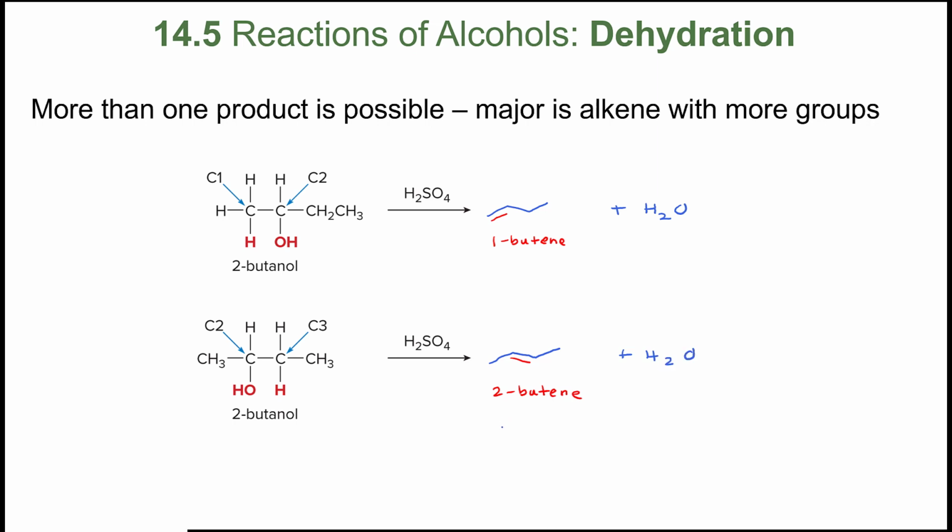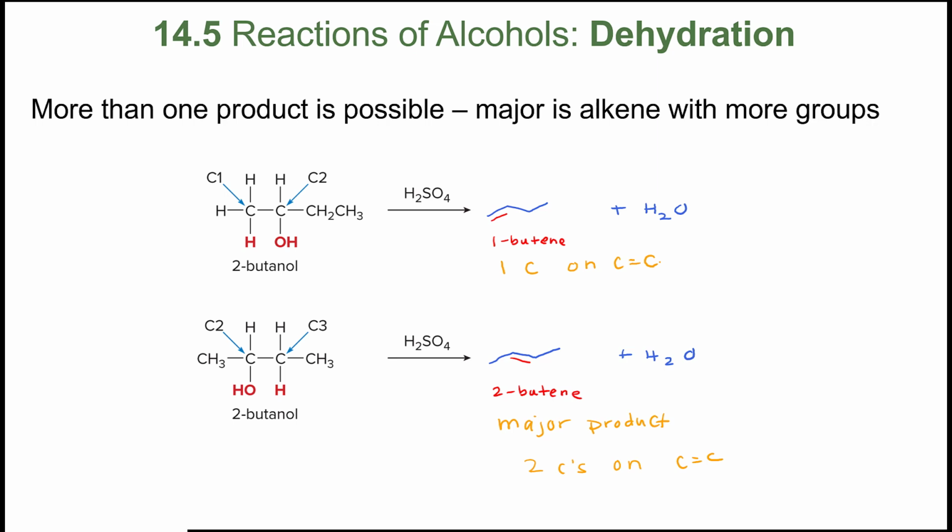And 2-butene is the major product, because we have 2 carbons that are coming off of the double bond, versus here, there's only 1 carbon coming off of the double bond.